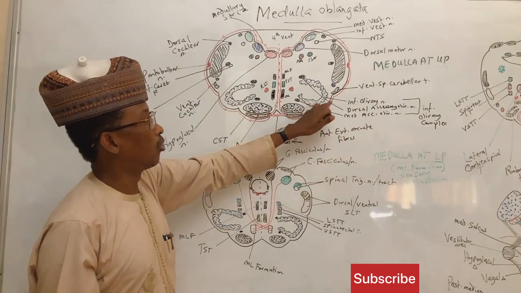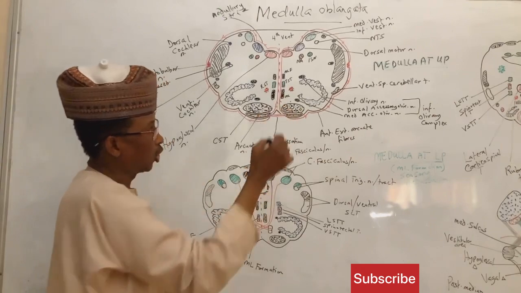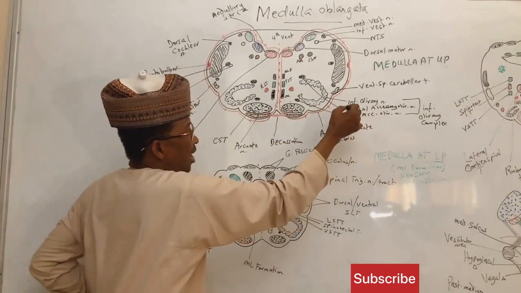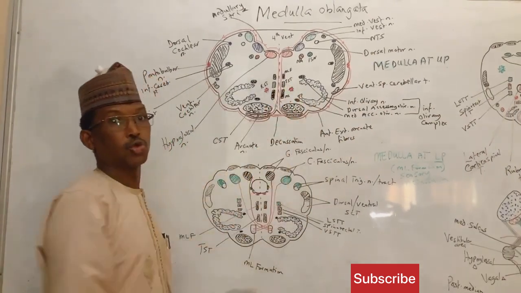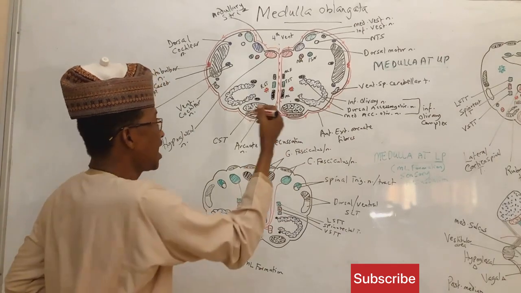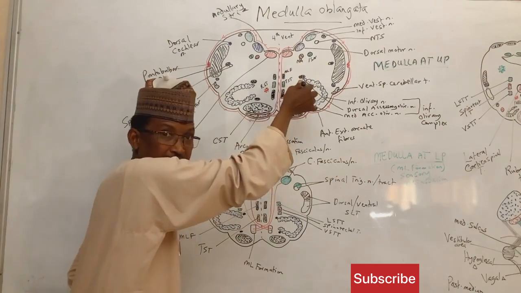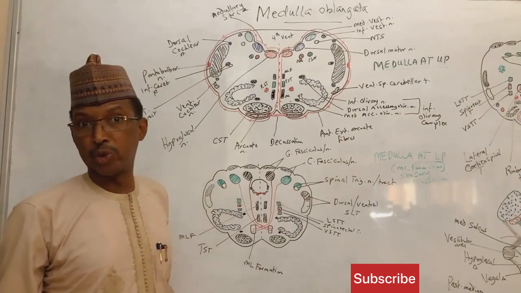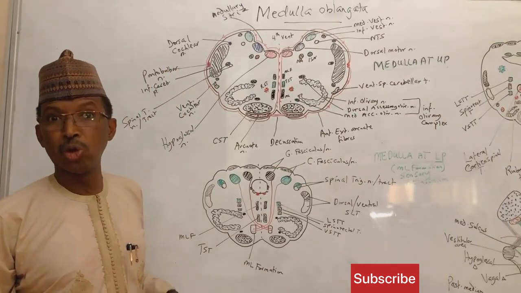Just anterior and medial to it, you have the medial accessory olivary nucleus. And then behind it, you have another nucleus lying dorsal to it, and that is what we call the dorsal accessory olivary nucleus. The 3 together form what we call the inferior olivary complex.